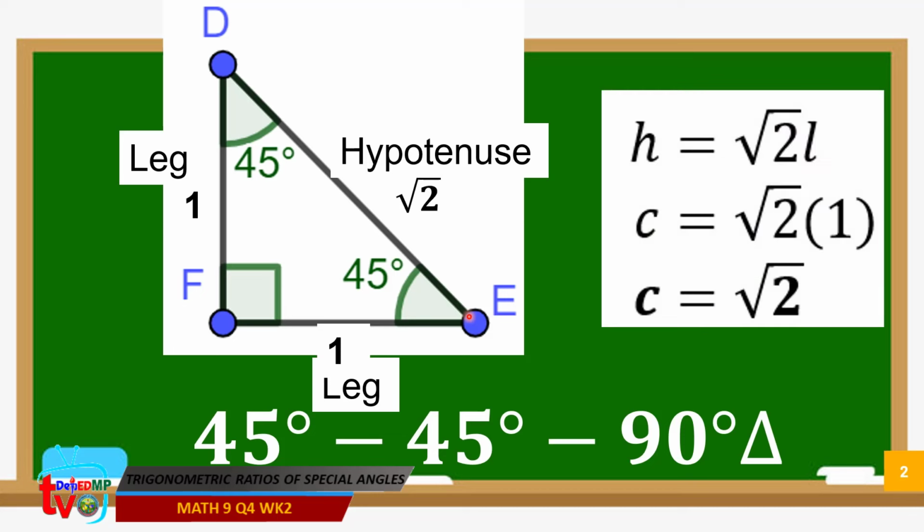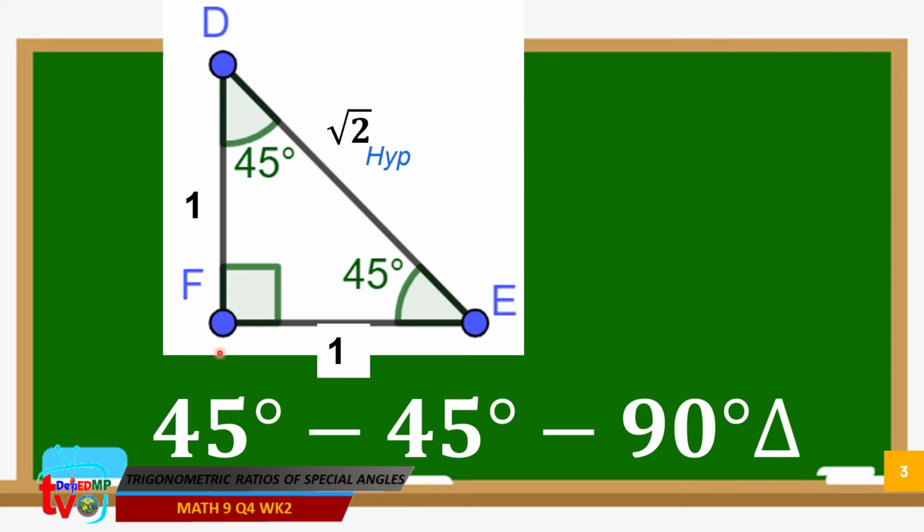Wonderful! Our hypotenuse is square root of 2 units long because hypotenuse is equal to square root of 2 times any of the legs. And since the leg is equal to 1, square root of 2 times 1 is simply square root of 2.